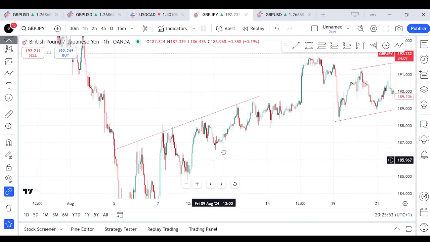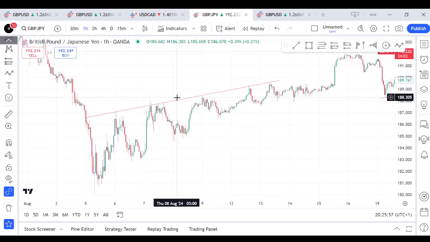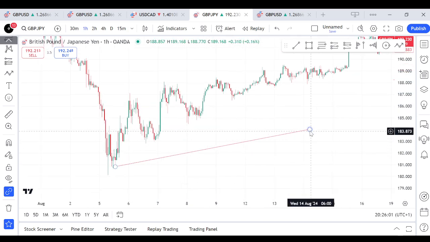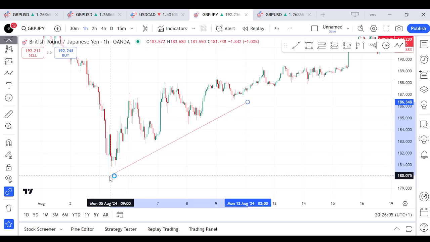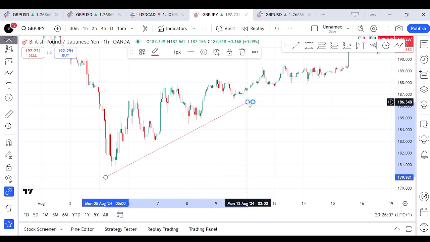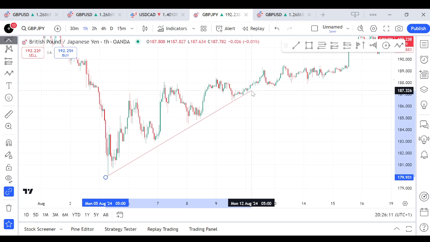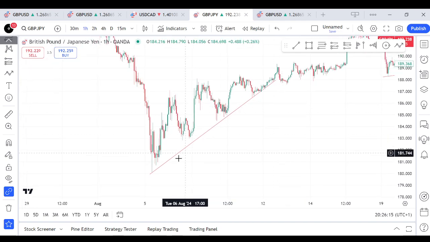This is another uptrend. Remember, for uptrends the trend line should connect the higher lows, and you can see this. First we have the first one here, the second one here, and it's expected that price should respect these levels.